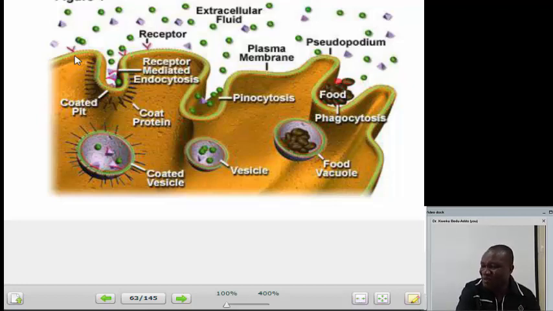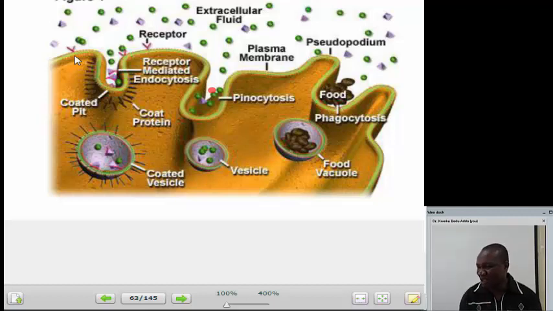Now, I mentioned that there are three types. We have phagocytosis, which is the uptake of very big particles, like food particles. An example of that is the uptake of bacterial cells by macrophages. Macrophages are white blood cells. So if the body is attacked by bacteria, these would send their membrane around the bacteria, internalize it, and destroy it.